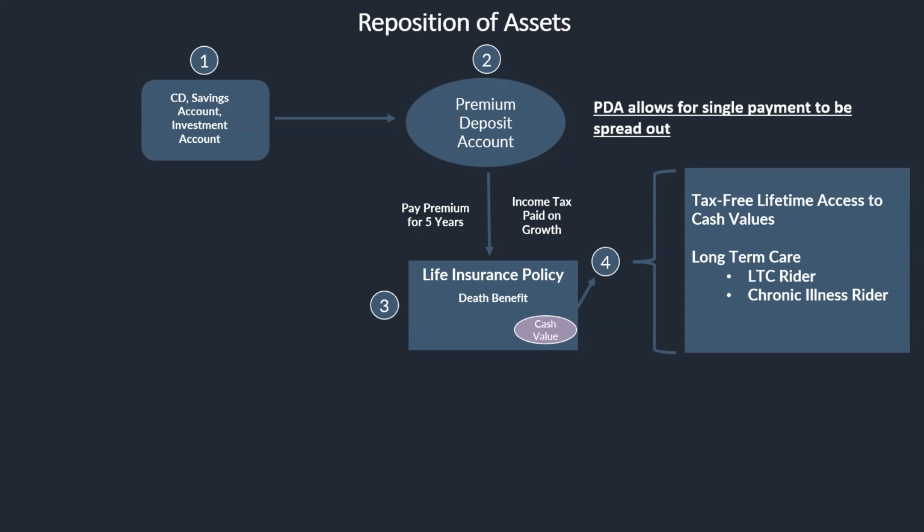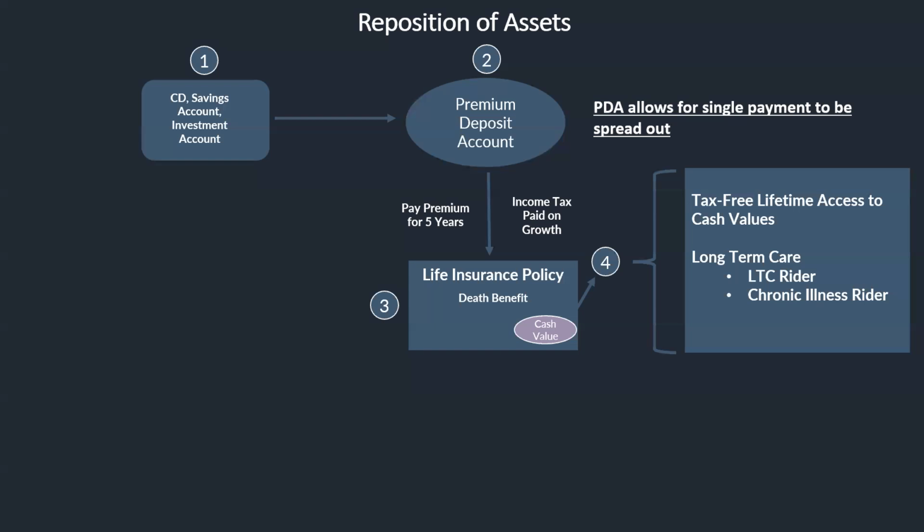With this life insurance policy, we can have long-term care benefits, whether it's a true long-term care rider or whether we use a chronic illness rider, and then some policies have critical illness riders. What I like about this, it adds more benefit to take care of our clients throughout their lifetime. And we're doing it in a tax-free nature.